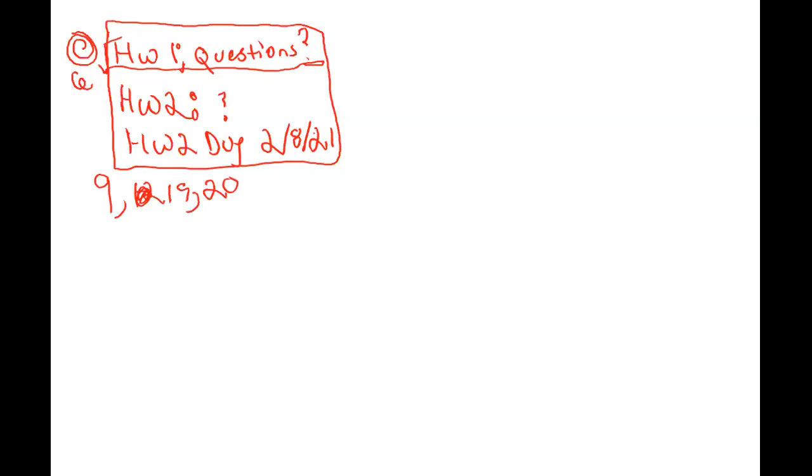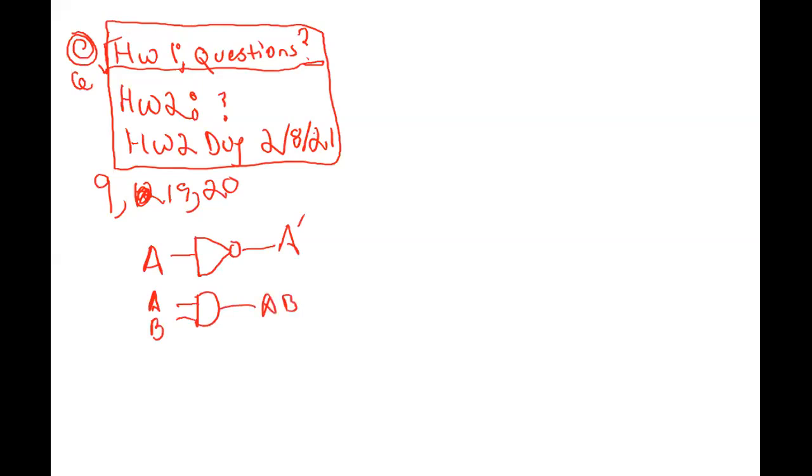Here's the first one, and this is sort of an interesting idea. If you have an inverter, the input is A, and the output is A prime. If you have an AND gate, the input is A and B, and the output is AB.